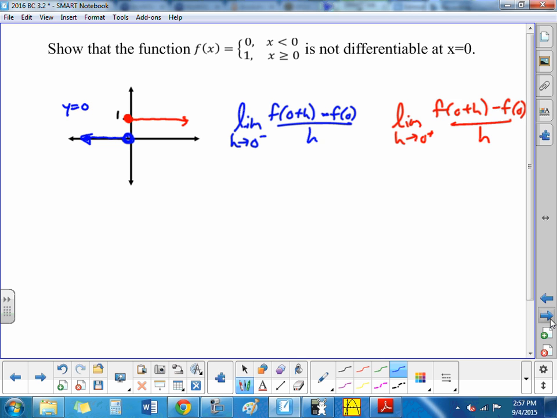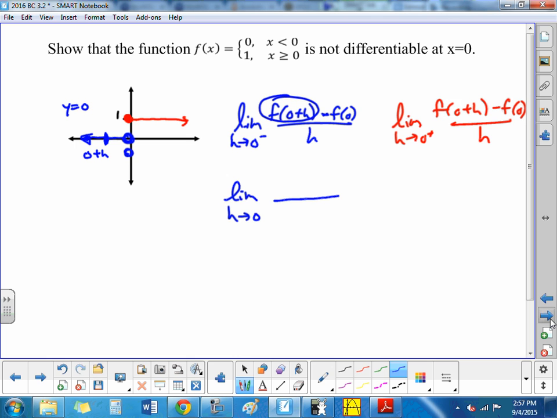So let's go to the first one. If we rewrite the blue one without the superscript, then it means we're committed now to picking the very left piece. So the left piece is what we'll use for 0 plus h. Remember that in this case, h is some small number. So if this is x equals 0, 0 plus h is actually to the left of it, because h goes to 0 from the left.